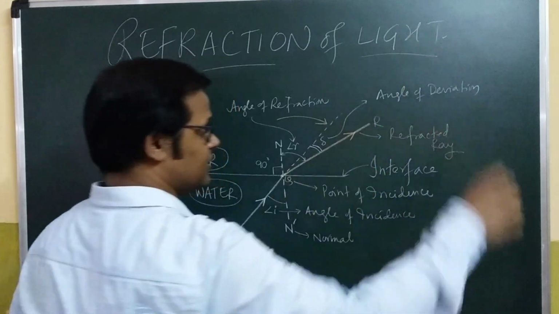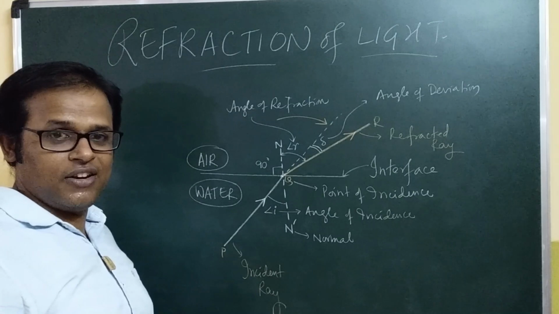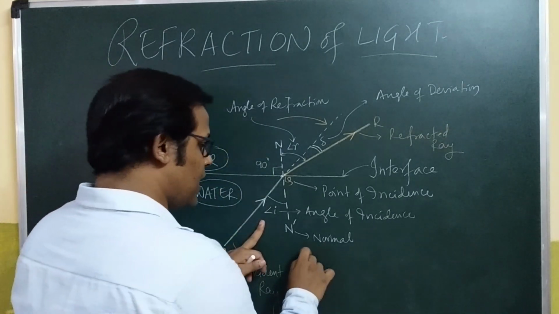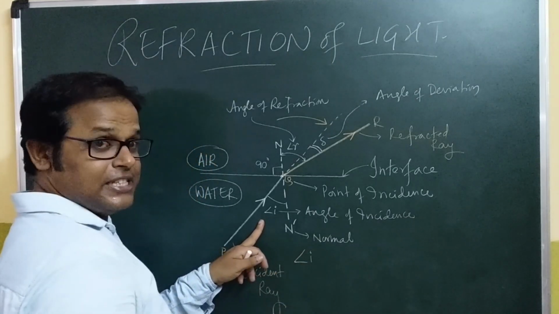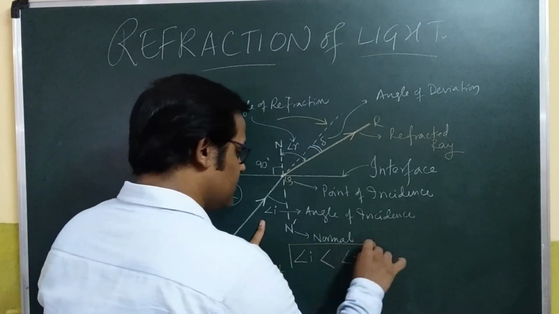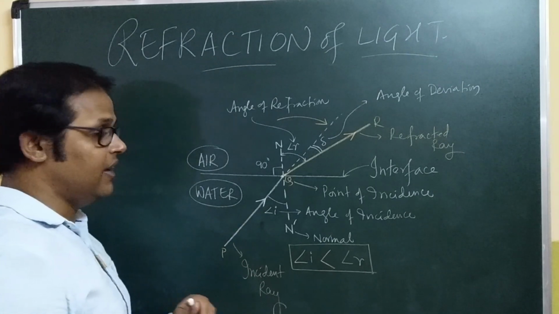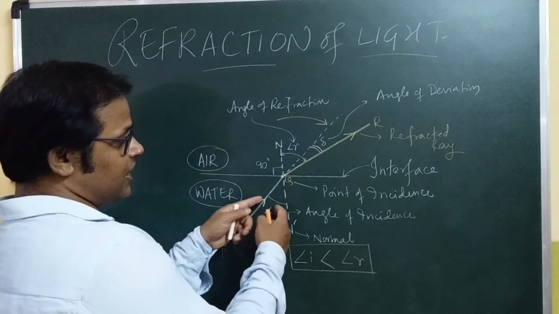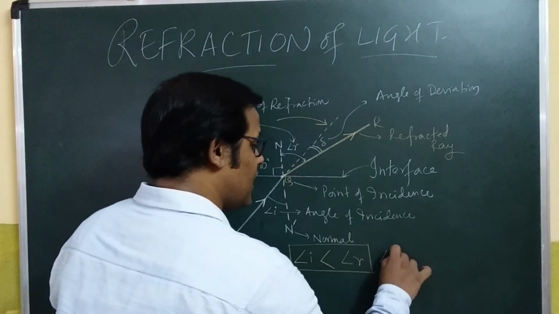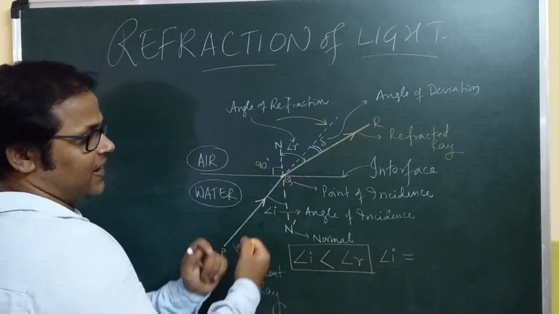Very, very important. So what is the major difference you find in this style of propagation when a ray of light goes from water into air medium? The measure of angle I is now relatively smaller than the angle of refraction. By the measure, angle R is greater than angle I. At the same time, looking into the vertically opposite angles geometry, we find that angle I should be equal to, what do you say?